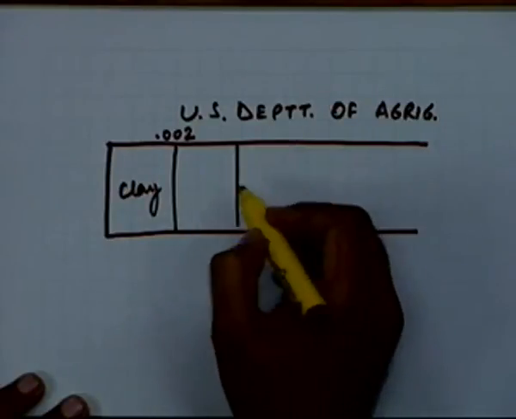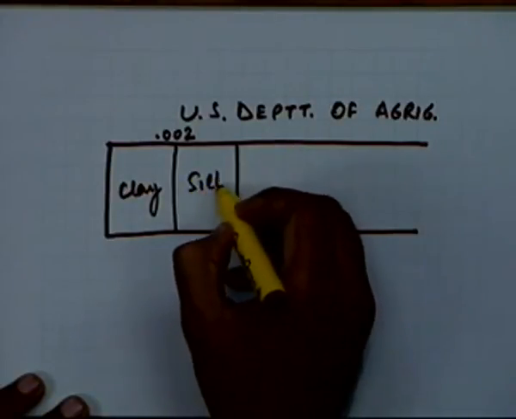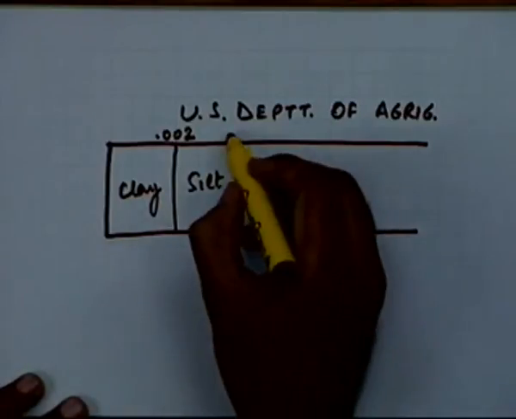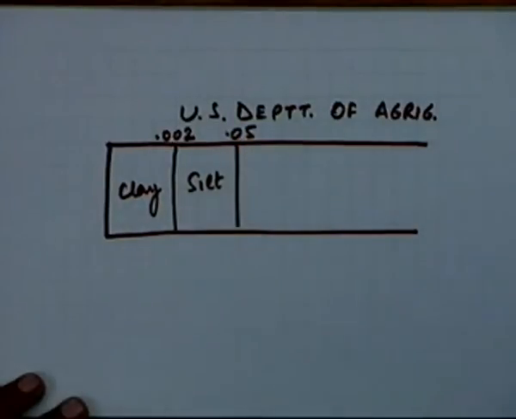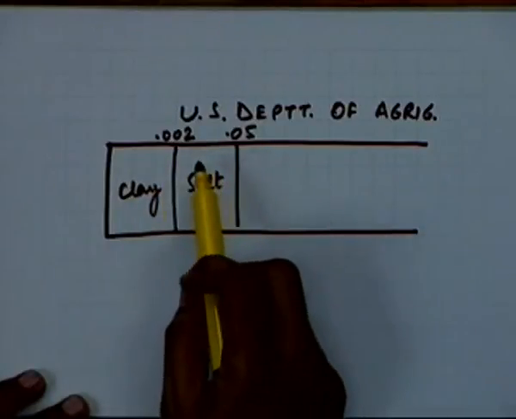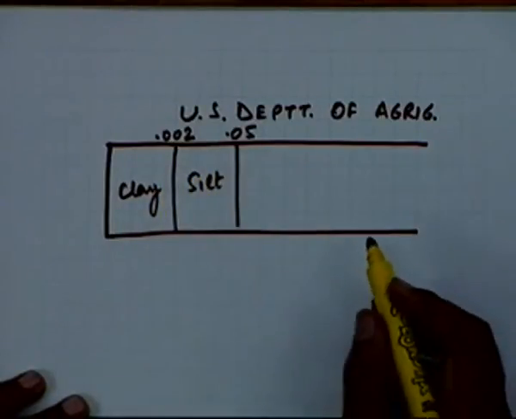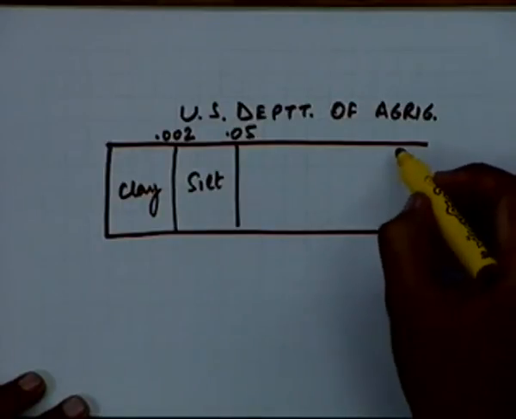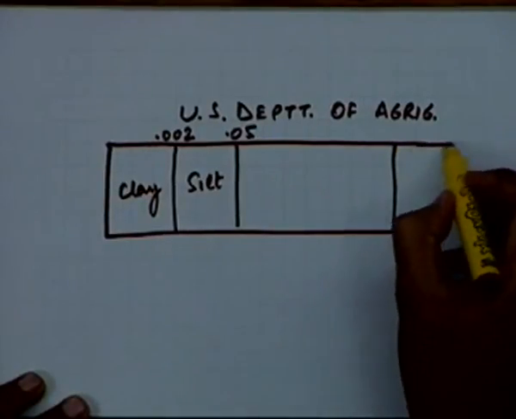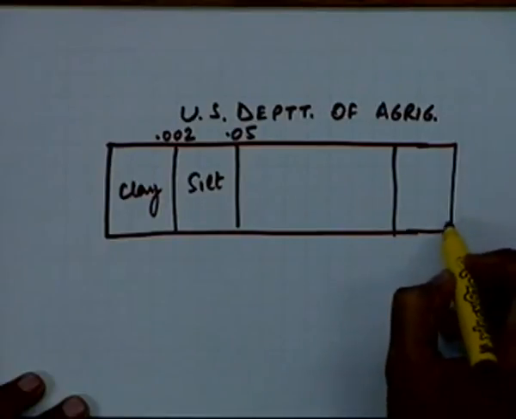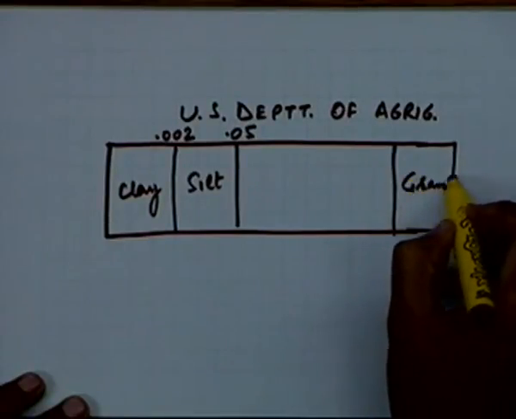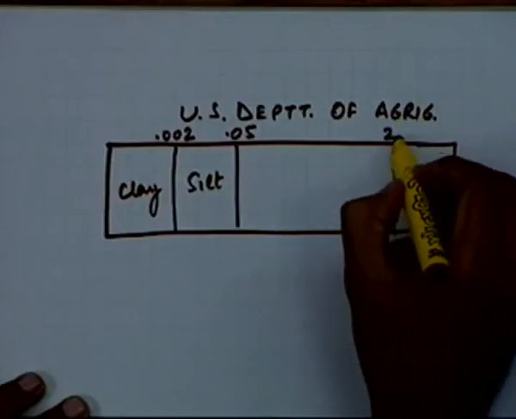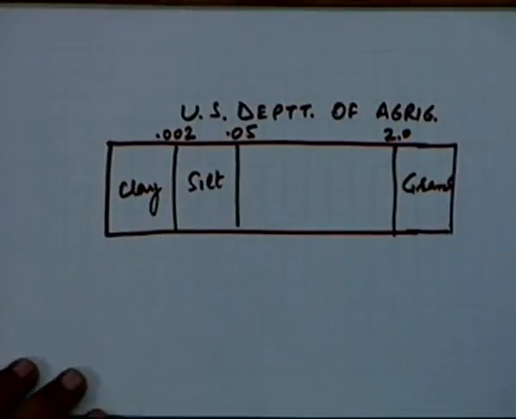The silt is between 0.002 and 0.05, and the gravel, as I have just mentioned, is anything greater than 2.0 millimeters.